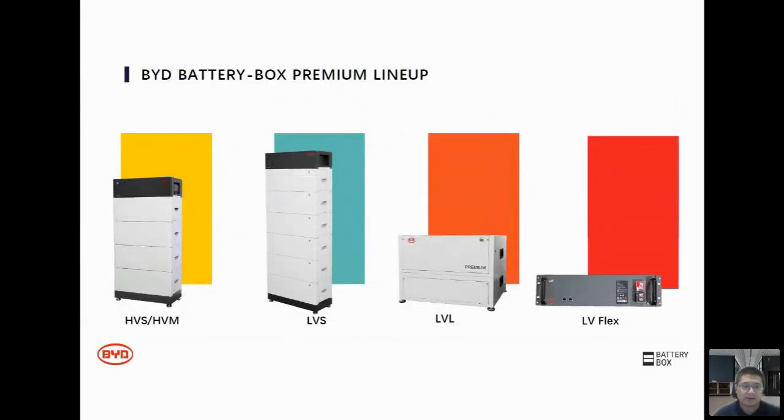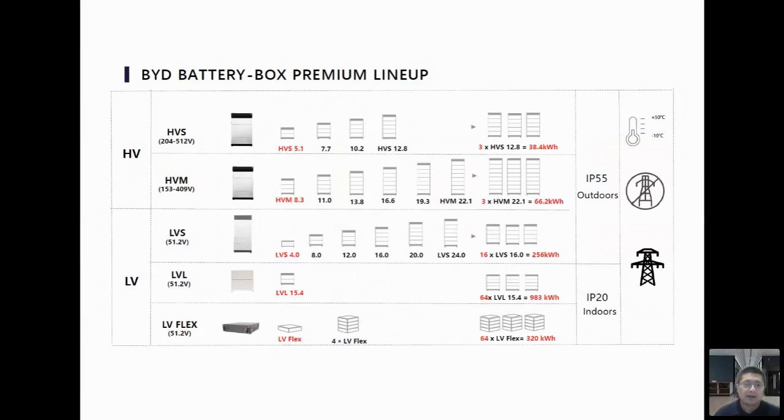These are the 5 battery module types we currently have available in the Australian market: HVS, HVM, LVS, LVL, and LV Flex. HVS stands for high voltage. You can see from the graph that the HV is a modularized high voltage battery product. For example, HVS can start from 5.1 kilowatt hours and be extended to 68 kilowatt hours per system.